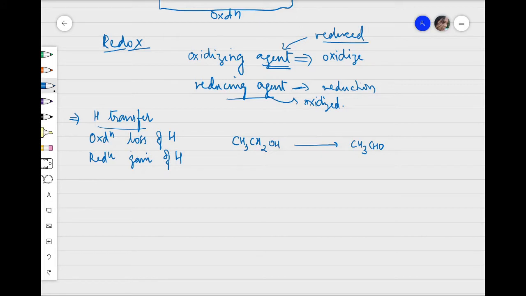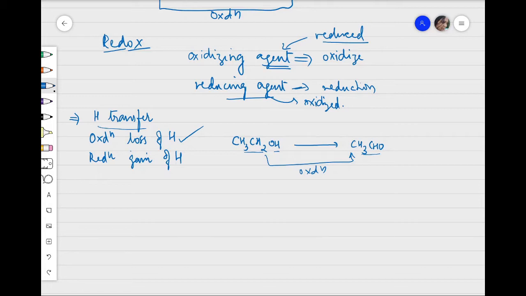Okay, so ഈ കേസിൽ if you notice, what are you seeing, loss of hydrogen or gain of hydrogen? ഈ കേസിൽ നോക്കൂ, ഇവിടെ 5 + 1 6 ഹൈഡ്രജൻ, ഇവിടെ വെറും 4 എണ്ണം. So this is a typical case of oxidation because loss of hydrogen ആണ് ഉണ്ടായത്.